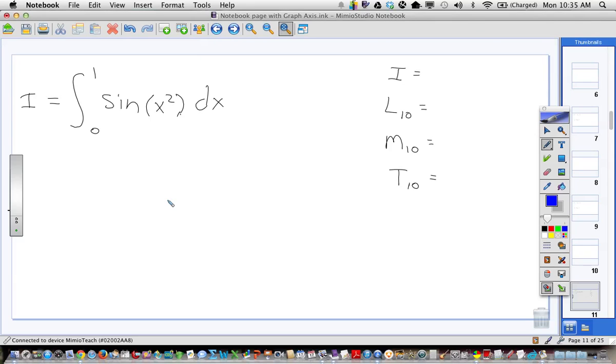So just for right now, just tell me what you're getting for L10. And I think it actually tells you the exact integral too.